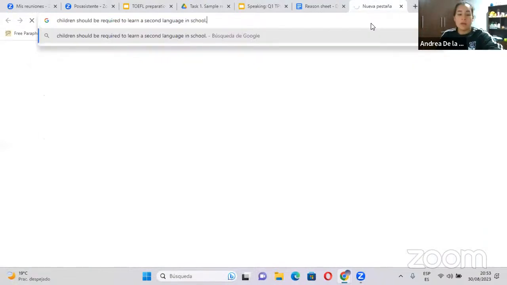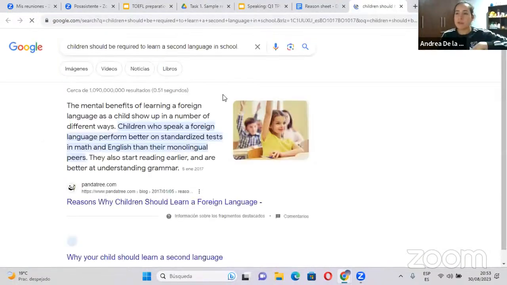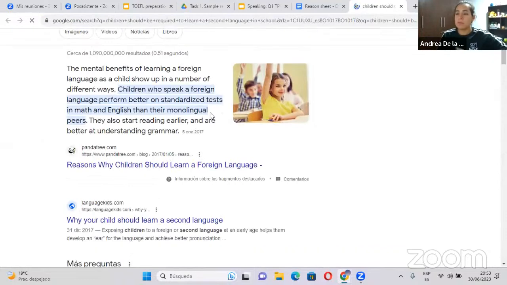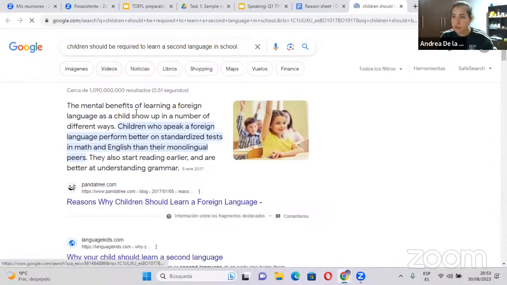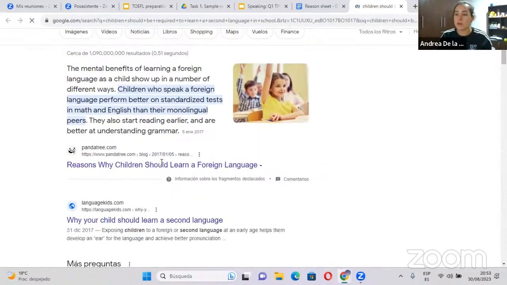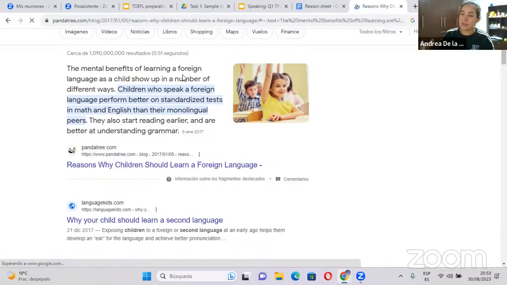You look that up, and you're gonna find many articles talking about this. You can even search for videos if you want to work on listening. If you want to work on reading, then you search some articles.